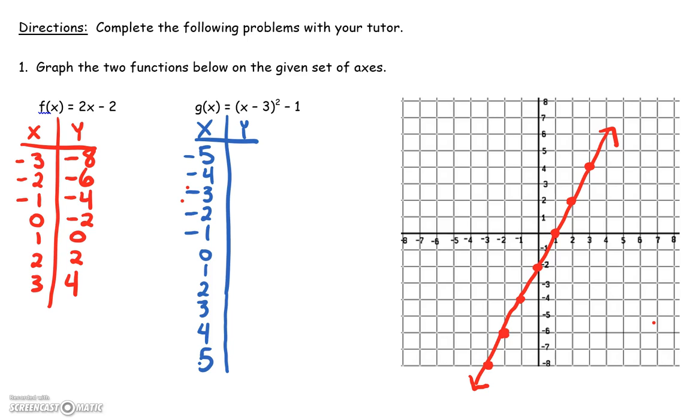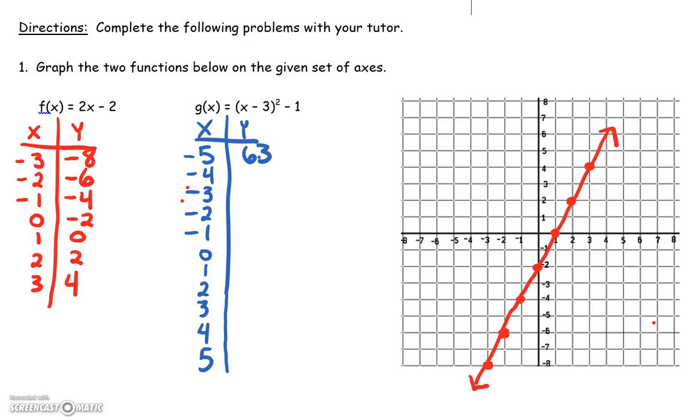Again, use your calculator for this portion if that helps, particularly if you're not able to do this math mentally. -5 inserted into the function g of x gives me -5 minus 3, which is -8, which when we square we get 64, and then we subtract 1 to get 63.